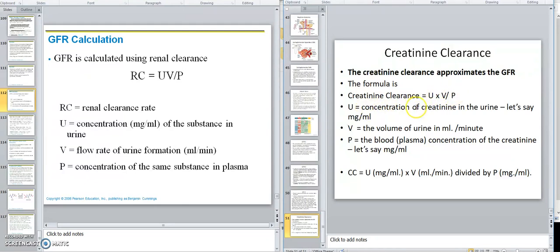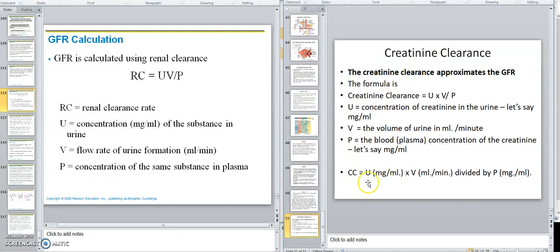U is the urine concentration of creatinine. Let's say we're going to make that in milligrams per milliliter. V is the volume of urine in milliliters per minute. Remember, we took the whole volume and divided it by 1440, which gave milliliters per minute. P, we drew blood, is the blood plasma concentration of creatinine. Let's say also in milligrams per milliliter.